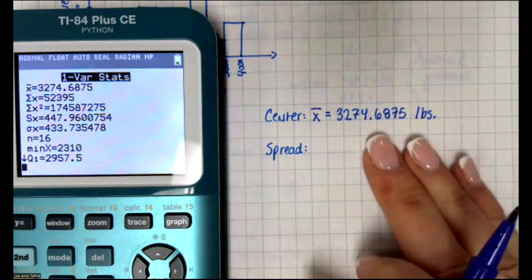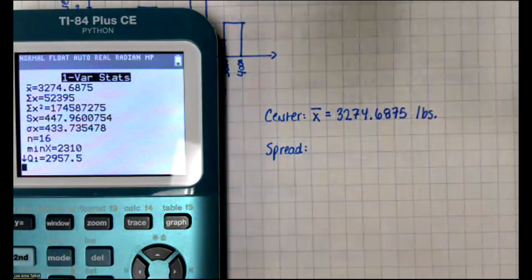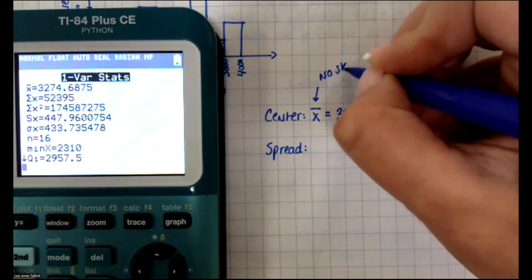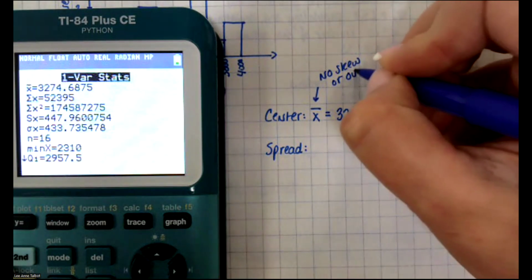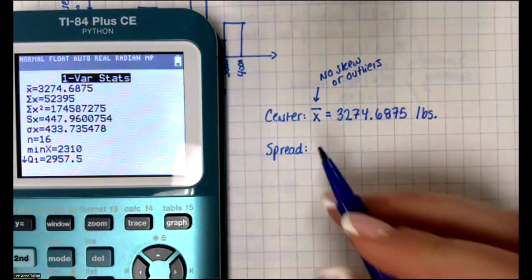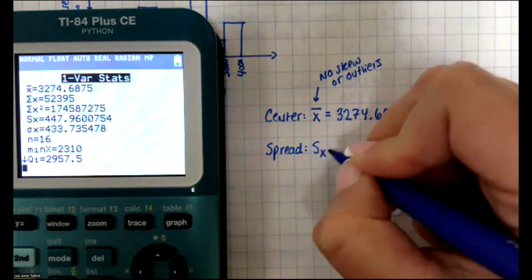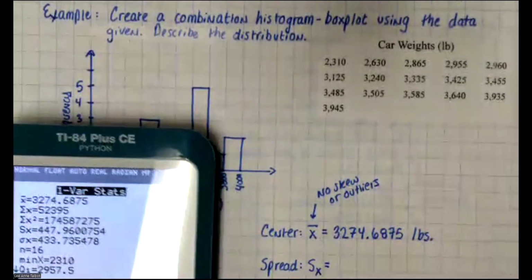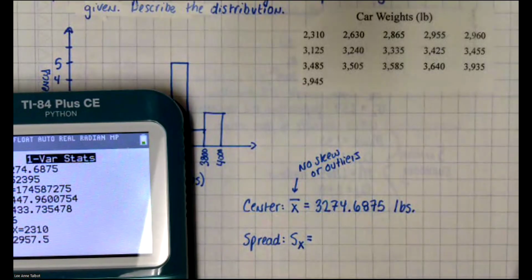Make sure that you put units on your center. I put pounds. And if you choose mean, you want to choose sample standard deviation. This is a sample of cars, so I'm pretty sure this is not all the cars in the world.